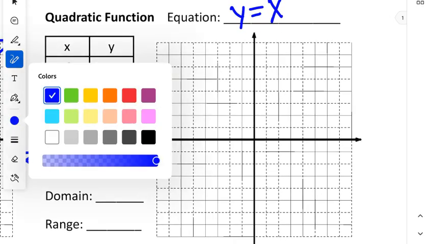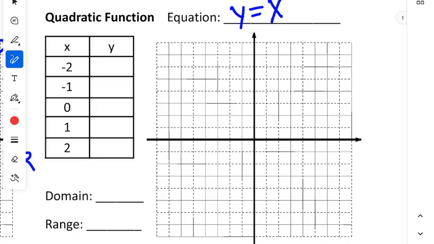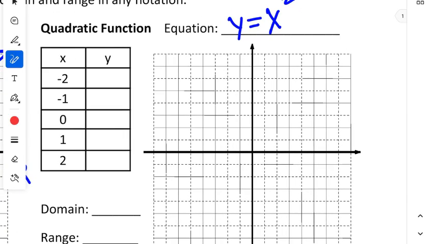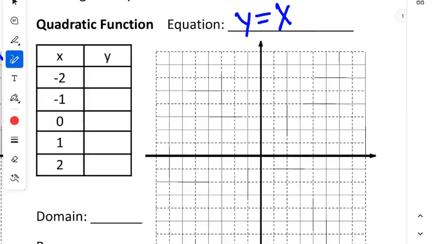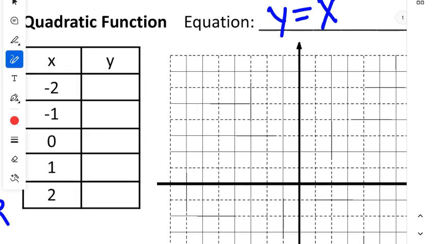All right, let's go to quadratic. Y equals x squared. So for x squared, we would plug in values. So we would do negative 2 squared. Negative 2 in parentheses, right? Like this. Negative 2 squared is positive 4, right?